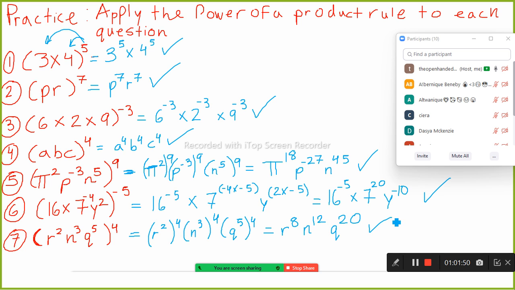So those are the answers to that, the power of a product rule. We had an application of two rules, especially in the last few. So let's do another rule. We have the power of a product rule. Do you think we're going to have a power of a quotient rule? Do you think that exists?